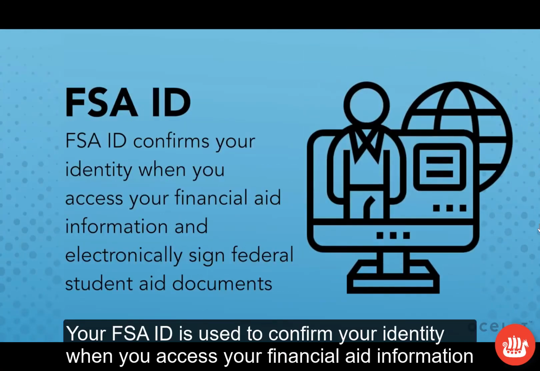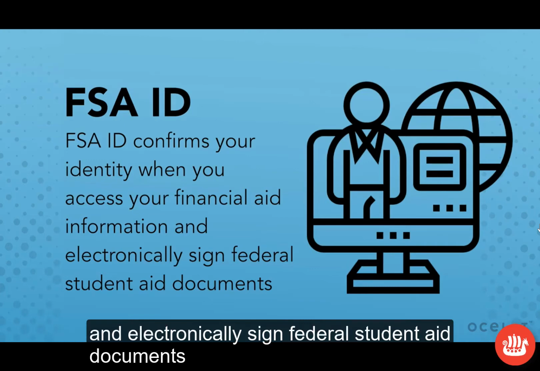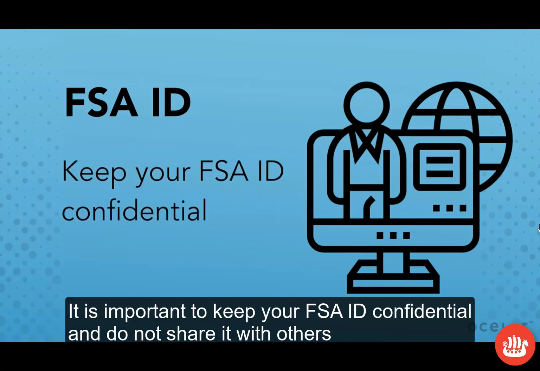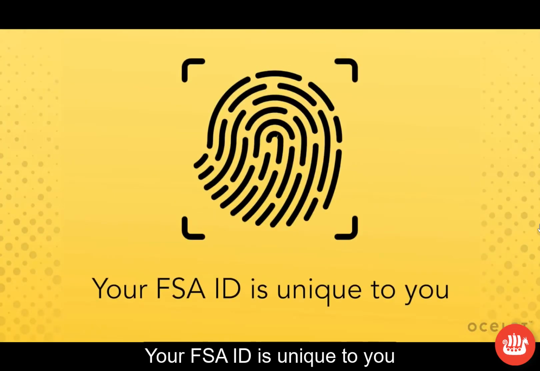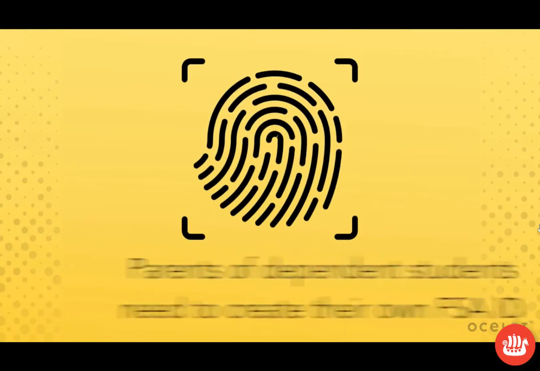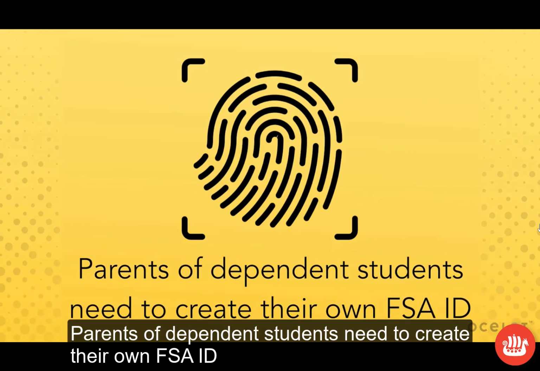Your FSA ID is used to confirm your identity when you access your financial aid information and electronically sign federal student aid documents. It is important to keep your FSA ID confidential and do not share it with others. Your FSA ID is unique to you. Parents of dependent students need to create their own FSA ID.